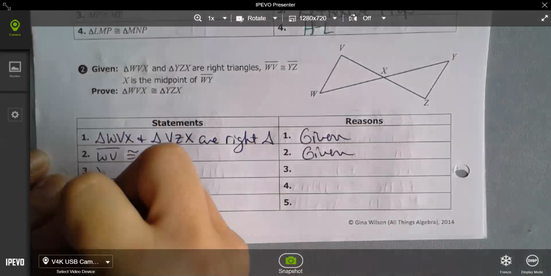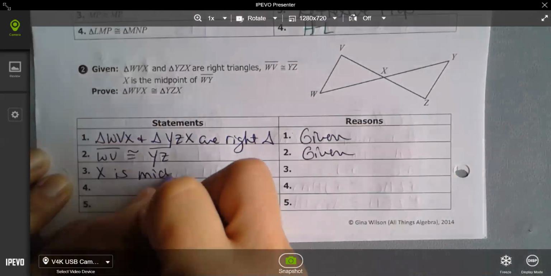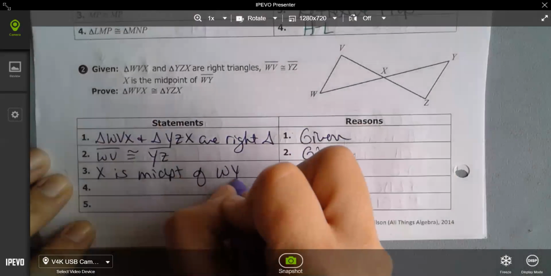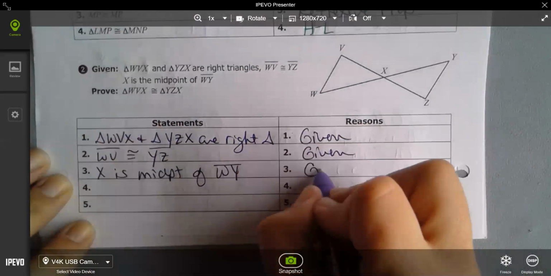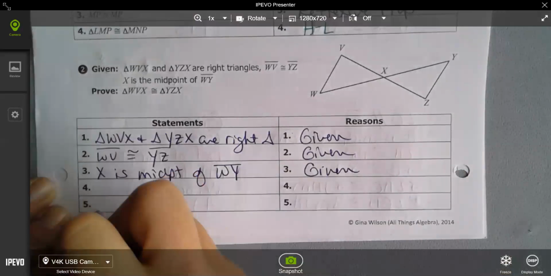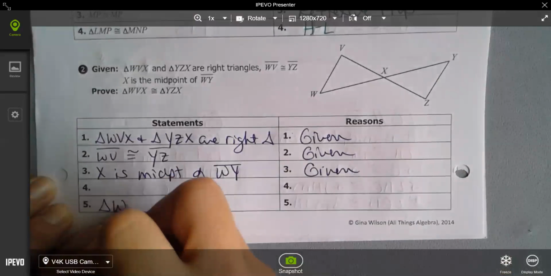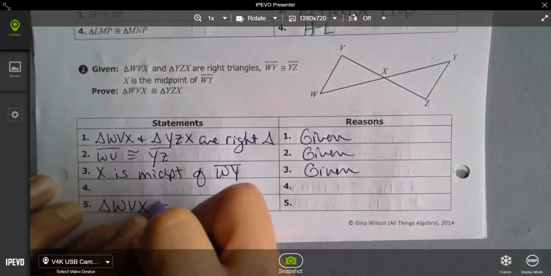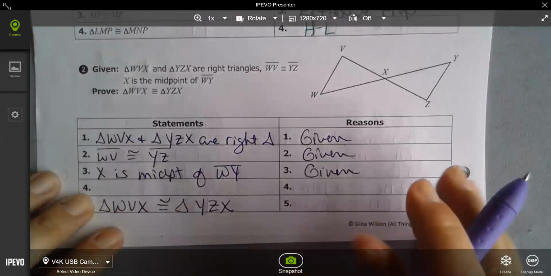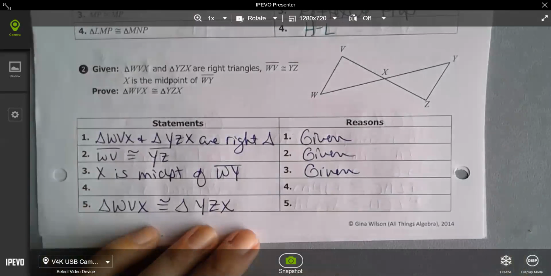X is the midpoint of WY, given. And triangle WVX congruent to triangle YZX, that is our prove statement.